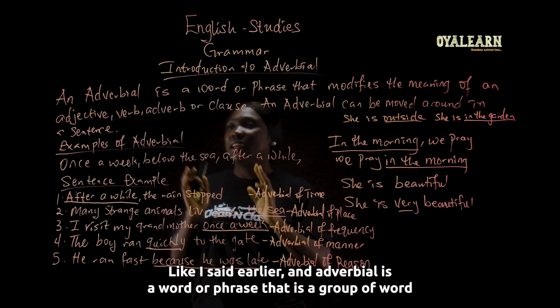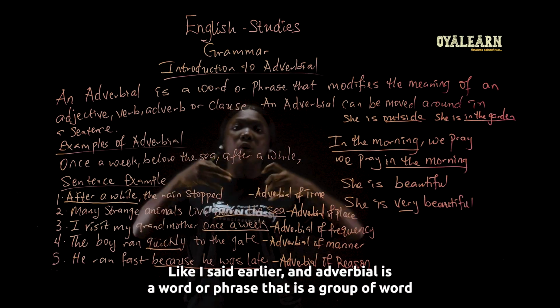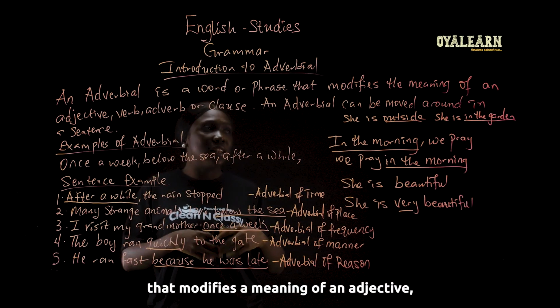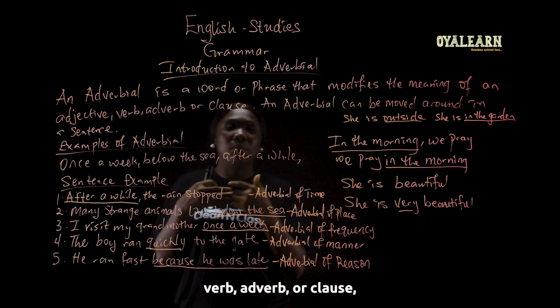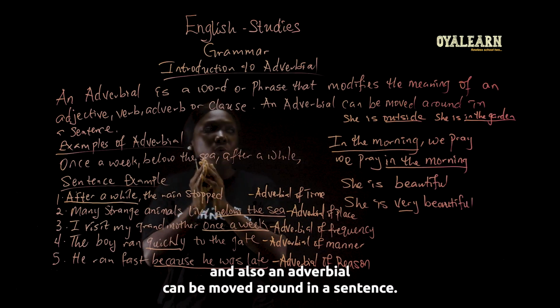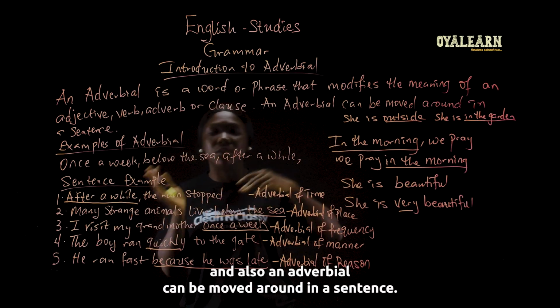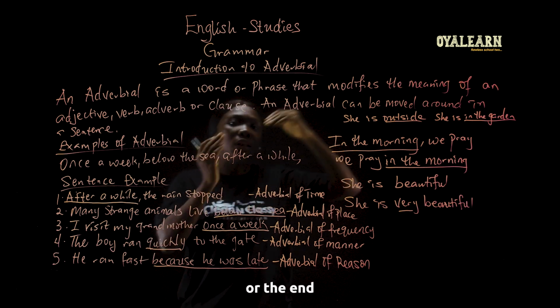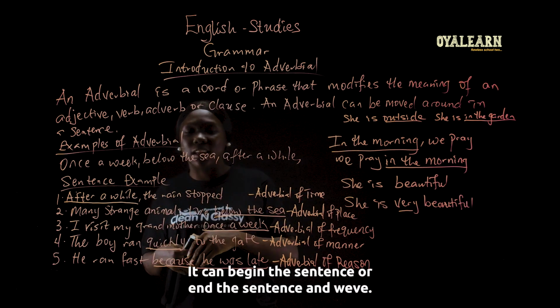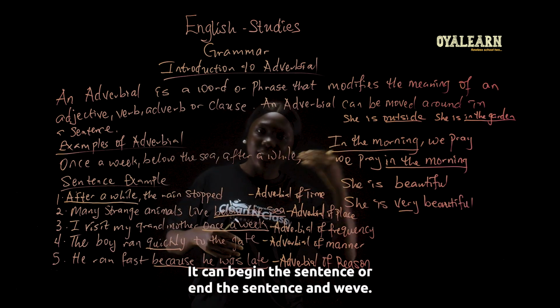So this is all about adverbial. Like I said earlier, an adverbial is a word or a phrase, that is a group of words, that modifies the meaning of an adjective, verb, adverb, or clause. And also, an adverbial can be moved around in a sentence. It can be at the front or the end, meaning it can begin the sentence or end the sentence.